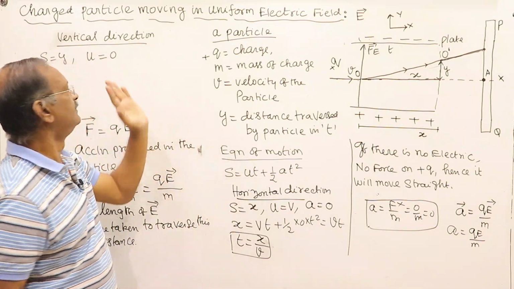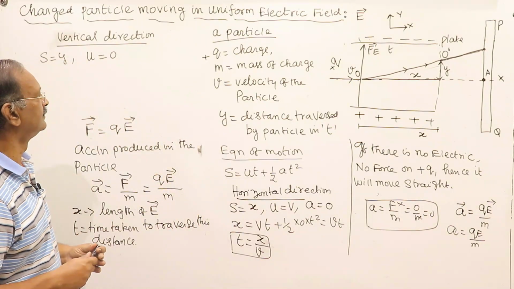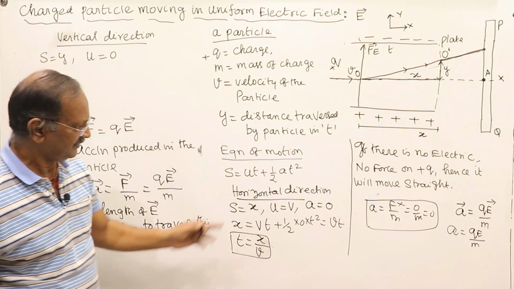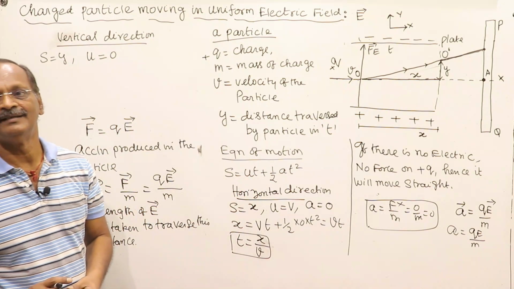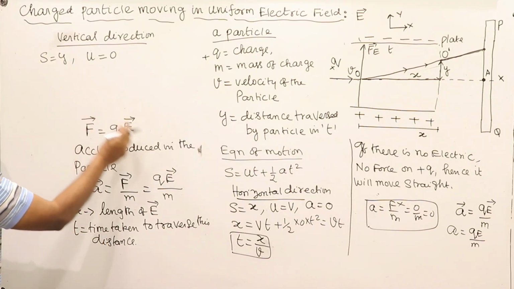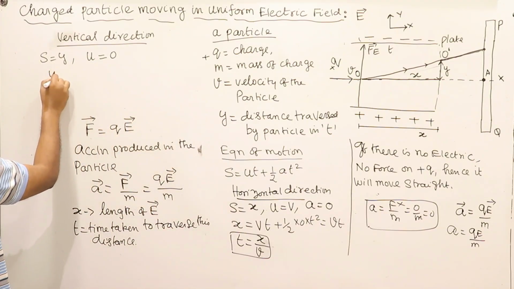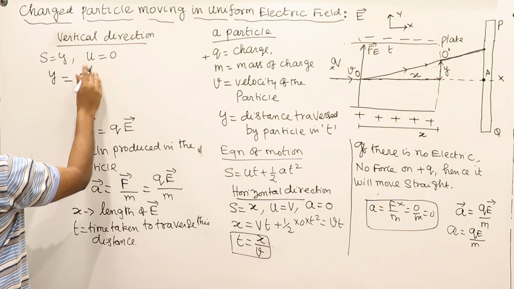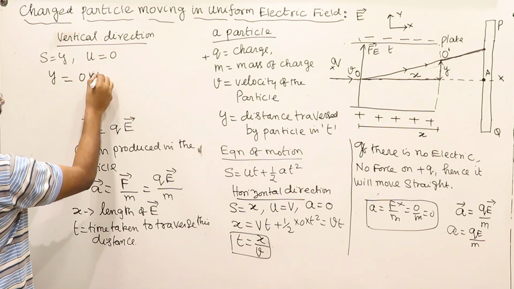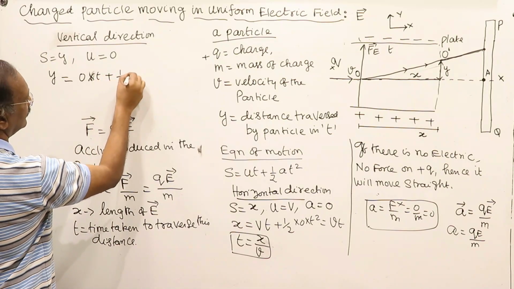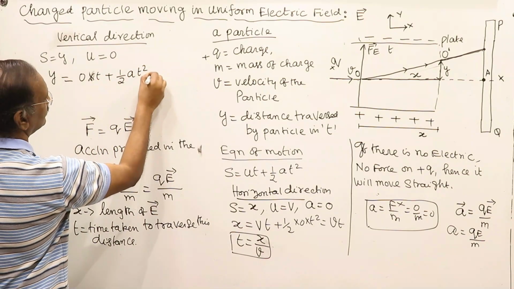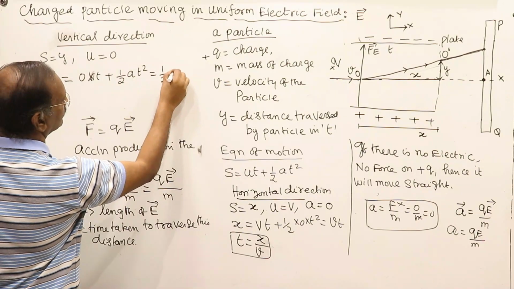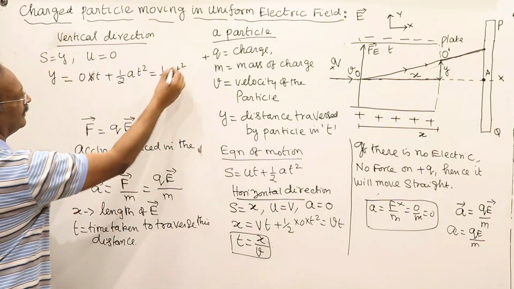So initial velocity is equal to 0, and S is equal to ut plus half at square. So we can write, substituting in this equation, y is equal to 0 into t plus half into a t square, which is equal to half a t square.